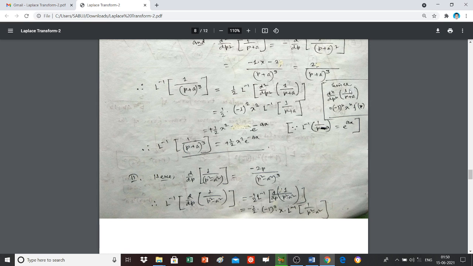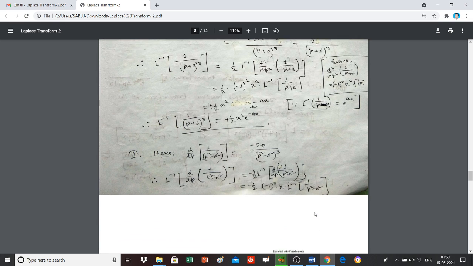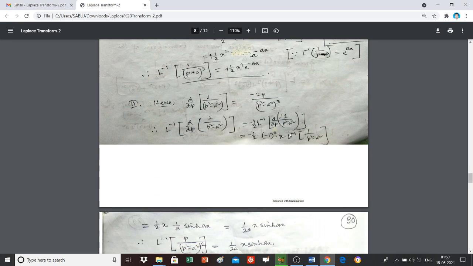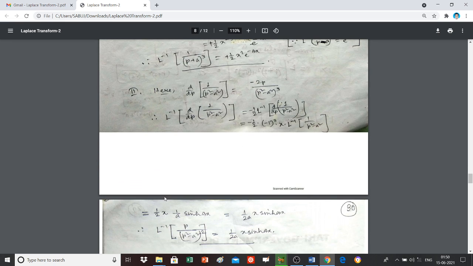Using this relation you can write it as minus 1 then x then L inverse of 1/(p²-a²), and then it will give you half then x then 1/a sinh(ax), because you know that the value of this term is sine hyperbolic, and this negative will give you a positive sign. So this is equal to 1/(2a) x sinh(ax). So the inverse Laplace transform of p/(p²-a²)² is equal to 1/(2a) x sinh(ax).